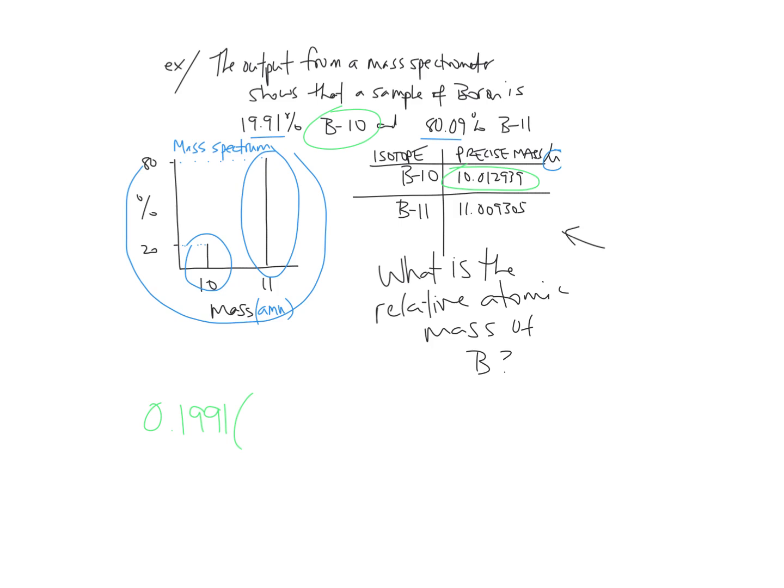And now you might be asking yourself, why on earth would the mass of a boron-10 atom not be 10? It has 10 heavy particles in the nucleus. They're actually called nucleons, protons and neutrons. So why would it not be 10?